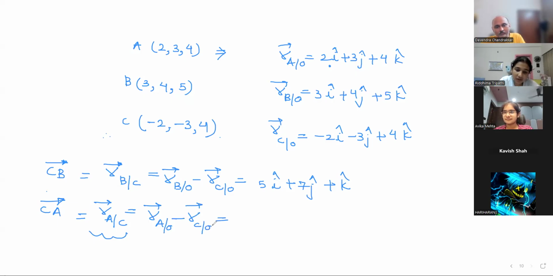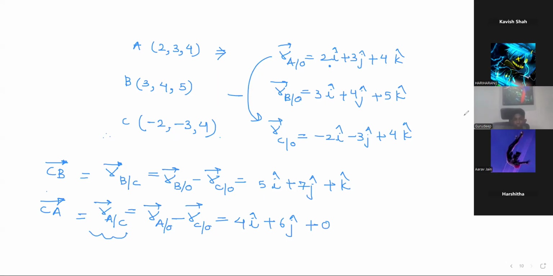CO बस बोलो इसको, ठीक है? So RAO, this value minus this is what you have to do. So that is 4i cap, then 6j cap plus 0. Yes, sir. All of you understood this?